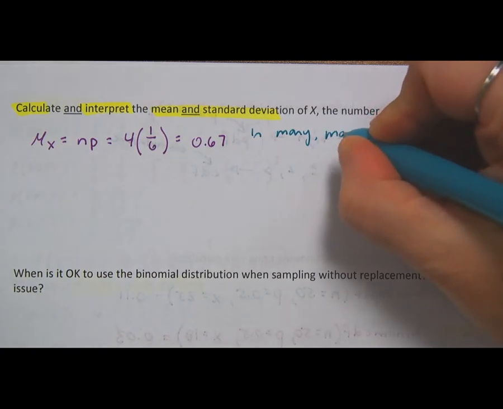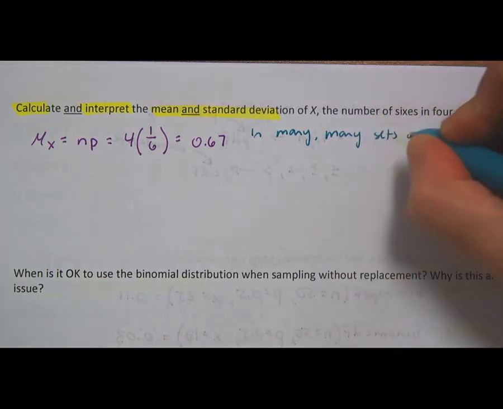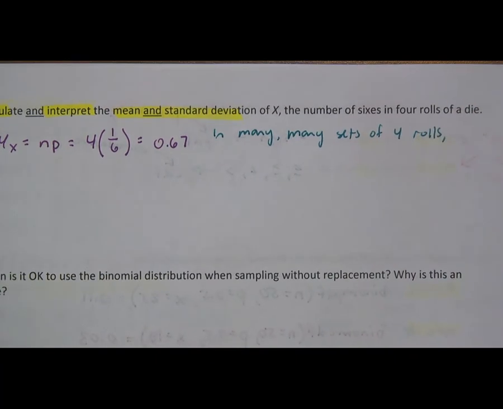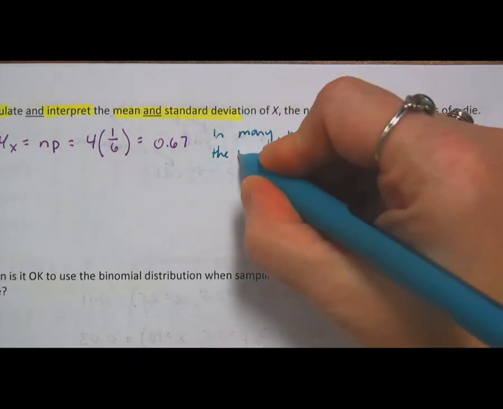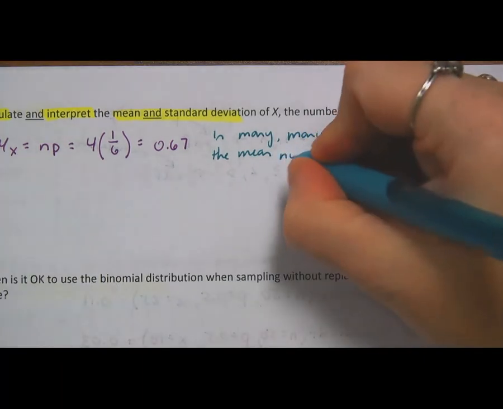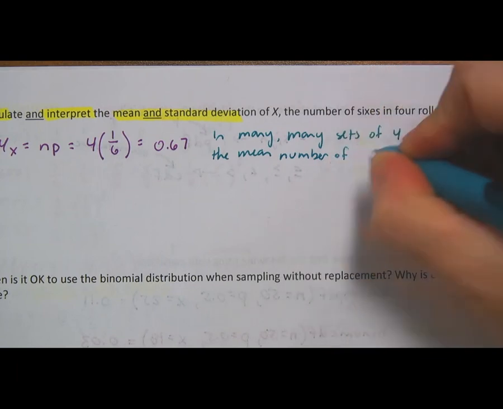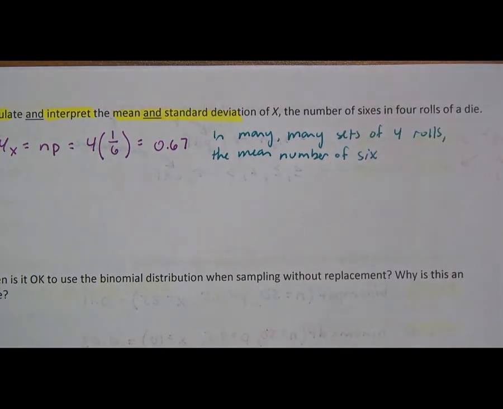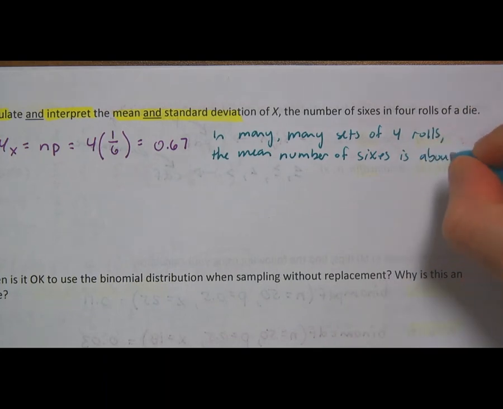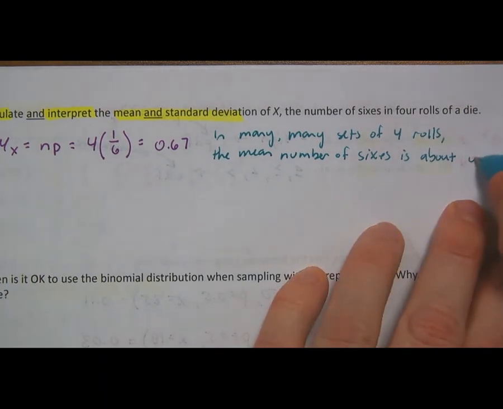In many, many sets of 4 rolls, the mean number of sixes, in other words, the average number of successes, is about 0.67.